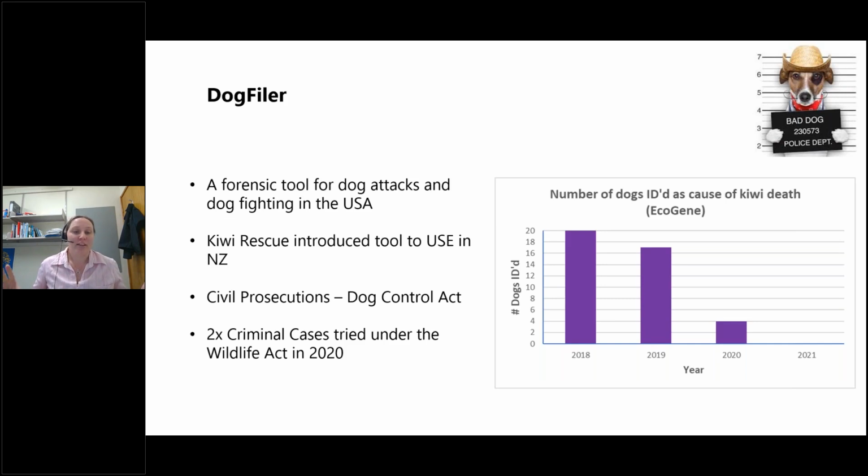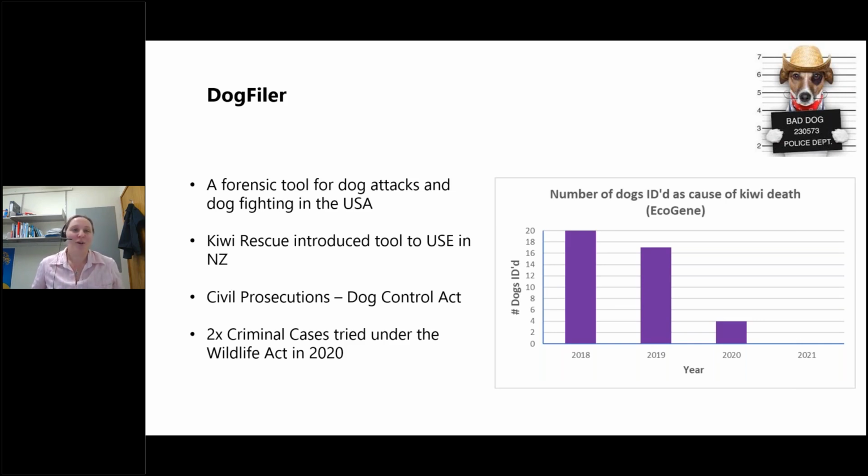That tool that is now adapted and fully in use by Ecogene has now been used in a number of civil prosecutions under the Dog Control Act. But most excitingly, well, sort of excitingly, not excitingly for the Kiwi, but one good thing that came out of 2020, I guess, was that we saw 2 criminal cases tried successfully under the Wildlife Act.